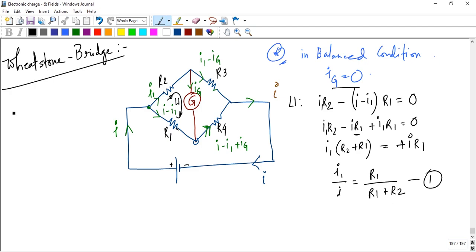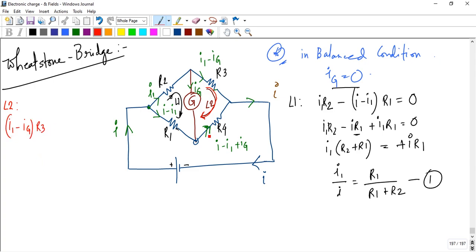Now another loop, loop 2, where we apply KVL. Starting from here, (I1 minus IG) in the same direction gives the potential drop across R3, (I1 minus IG) times R3.